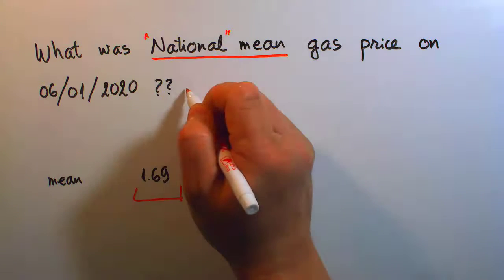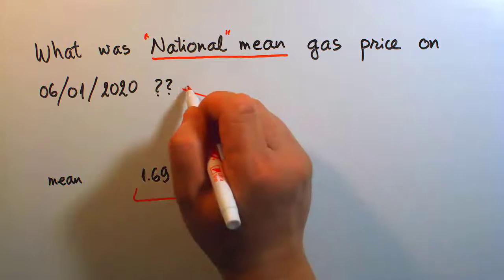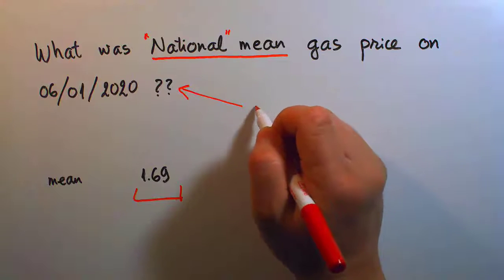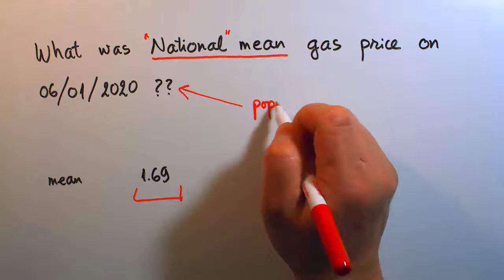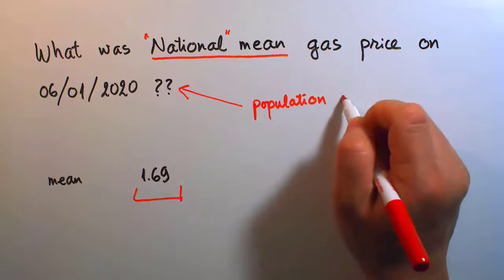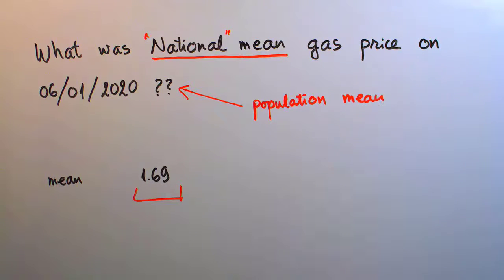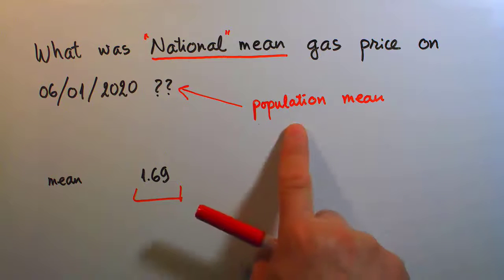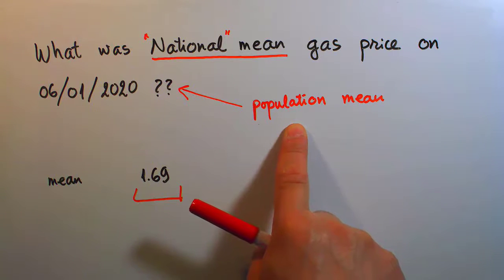I actually now realize that this question is intended to look for what we have learned in the previous term throughout the quarter. This is a population mean that we're looking for. Because we have a lot of gas stations and gas prices everywhere are different. It could be different a lot, it could be different a little bit, but all throughout all gas prices in the nation, it's big enough data that we can consider it a population mean.